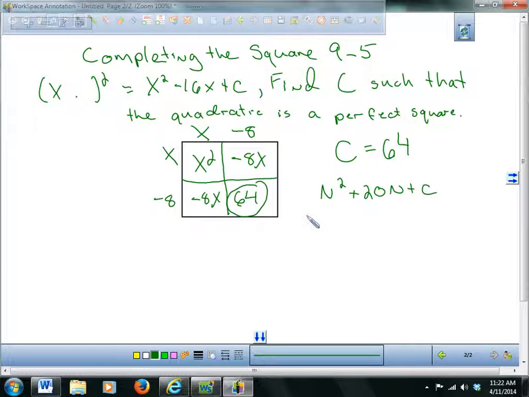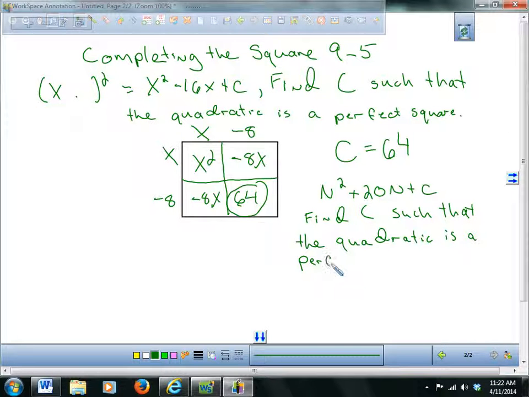And I say find C such that it's n squared plus something, such that the quadratic is a perfect square. Meaning n plus something times n plus something would give you this.